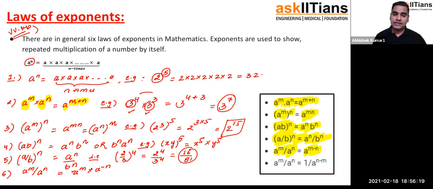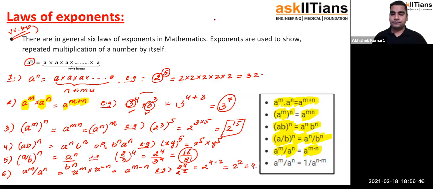And because the base is the same here, then as per property number two, you can add the powers. So you will get a raised to the power m minus n. All right. There are multiple examples. Let's say you have to calculate 2 raised to the power 4 upon 2 raised to the power 2. So you can write it as 2 raised to the power 4 minus 2. You just have to subtract the power in the denominator from the power in the numerator. You will get 2 raised to the power 2, which is nothing but 4.